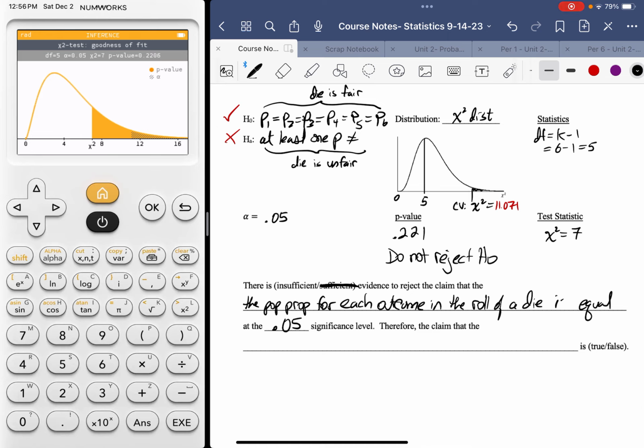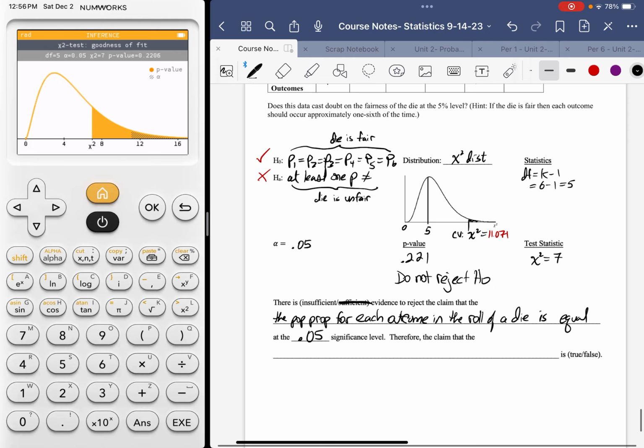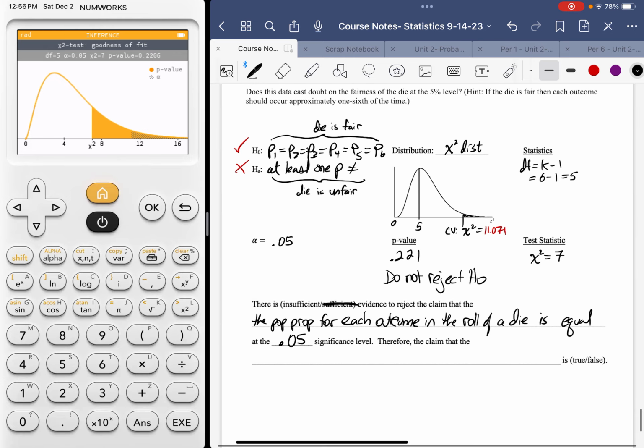I guess that's why people proofread stuff. At the 0.05 significance level, well, they were only asking us whether the die was fair, right? So here, I've just flat out said it, the die is fair. I never really answered that, so we could make a follow-up, because we don't need the second sentence here. We could say the die is fair.